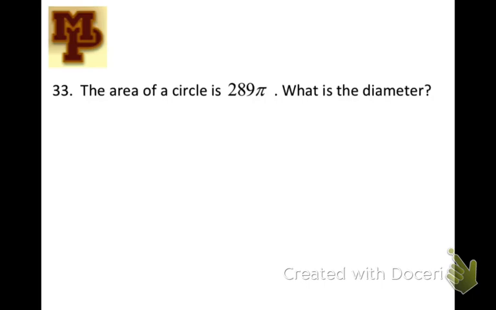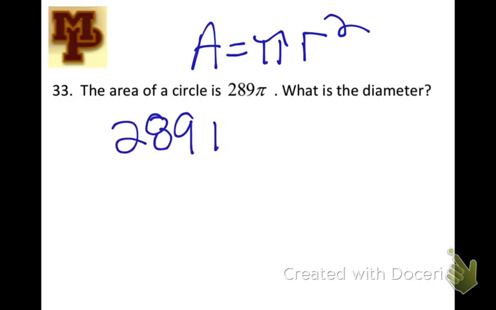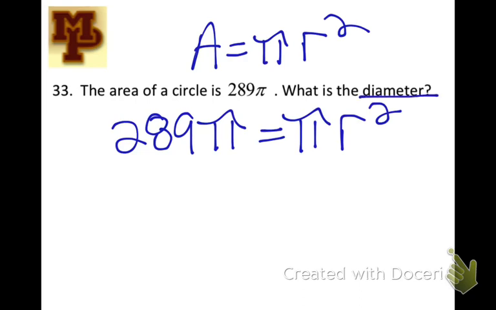All right, a little bit of problem solving, tiny bit. We know the area of a circle is pi r squared. The area is given, that's 289 pi, so that's the left-hand side of the equation, equal to pi r squared. We can solve for the radius, and then we can just double it to get the diameter.